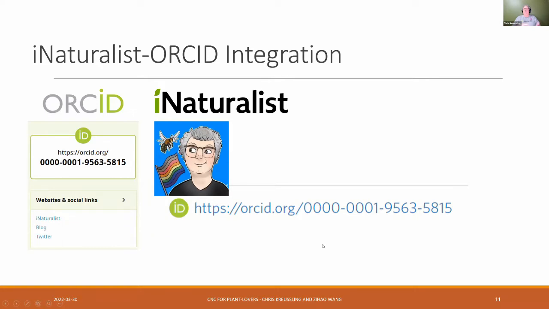The one that really matters more, it's not a requirement, but it's recommended if you have ORCID, is to link from iNaturalist back to ORCID. That's a two-step process. We're not going to get into that right now.